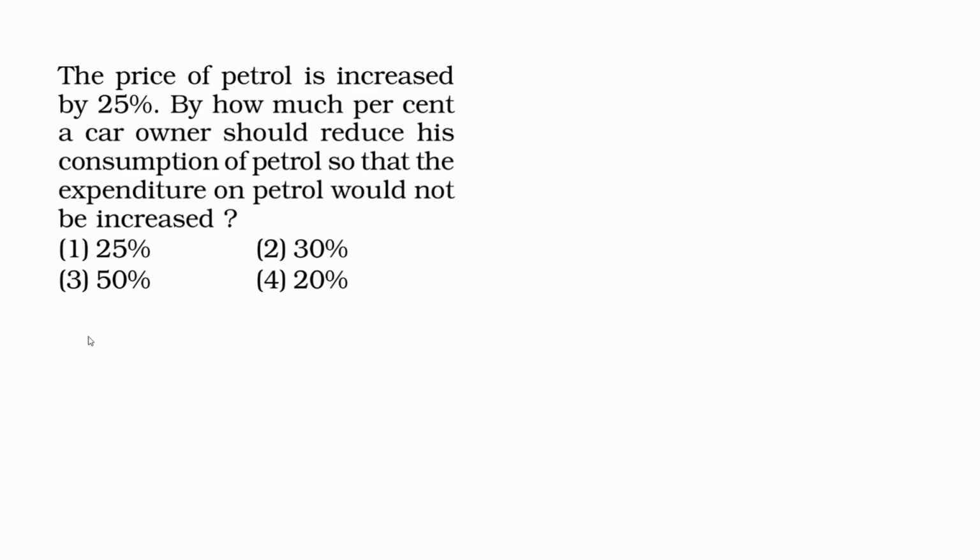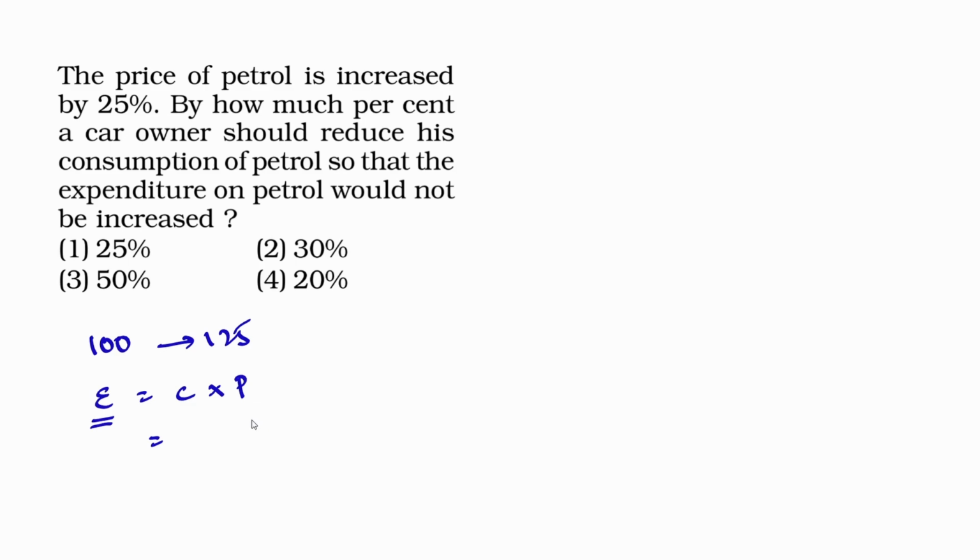Price of petrol is increased by 25%. So if it was 100 before, it became 125. By how much percent should a car owner reduce consumption so that the expenditure would not be increased? So the expenditure is a product of consumption and price. If the expenditure is supposed to be constant, then when the price is increased by a certain percentage, the consumption should decrease in the same inverse proportion.